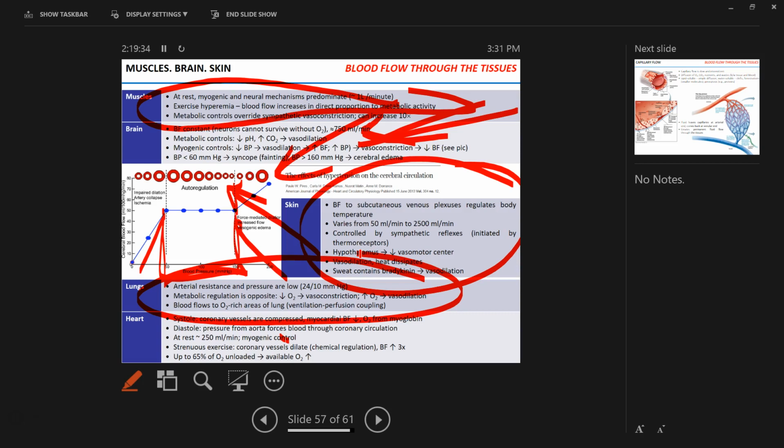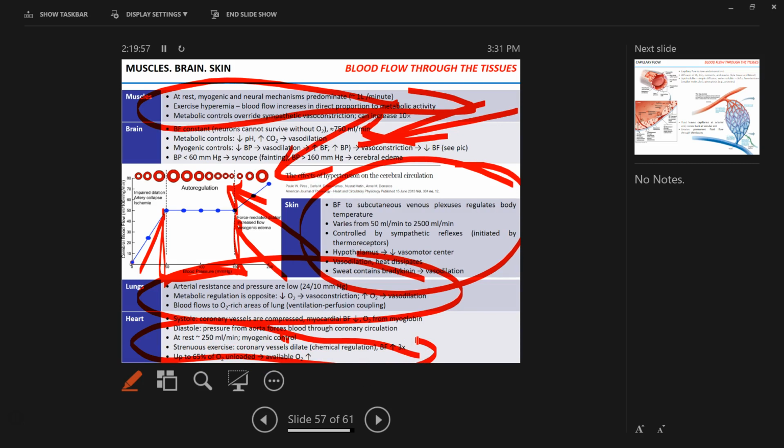Heart. With the heart, the problem is that coronary vessels are squeezed every time the heart contracts. So blood flow happens only during diastole, really. Okay. Mainly myogenic control, as I mentioned.